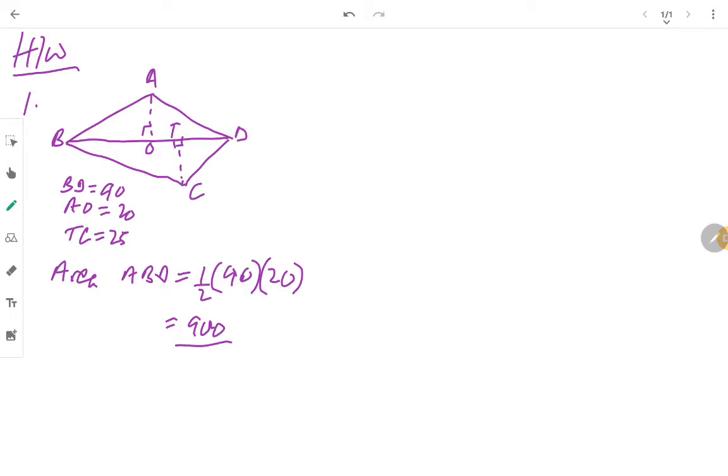That is my answer. Then I'll do the area for BCD, which will be half of 90 as well, times 25. Half of 90 is 45, times 25, that gives us 1,125.